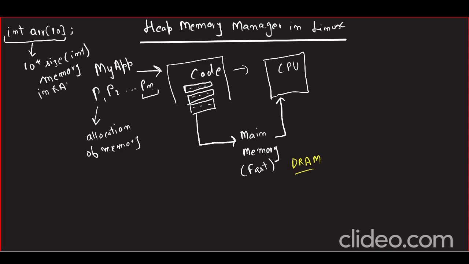Similarly, the P2 process may ask for deallocation of memory. Let's say that in P1 we allocated some memory, and in P2 we are deallocating that particular memory again.